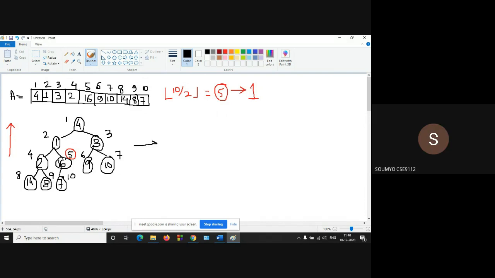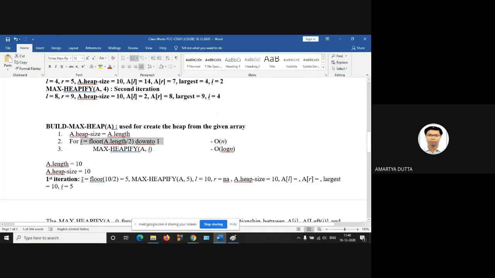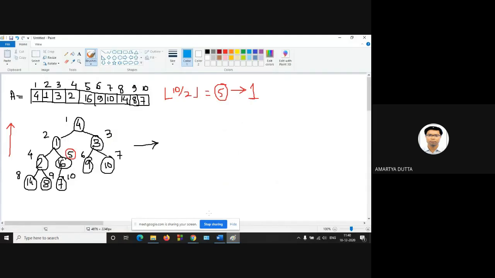So at i equal to 5, you have to call max heapify of A[5], that is 16. At this particular moment, 16 is placed in its proper position.